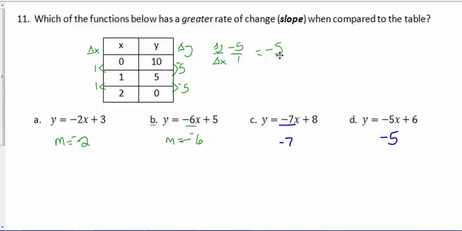So we're only looking at 5, 2, 6, 7, and 5. Which has a greater rate of change when compared to the table? Well, that would be B and C. 6 and 7 are a greater rate of change than 5. And I know they're negative, but when you compare slopes, you do not take the signs into account.